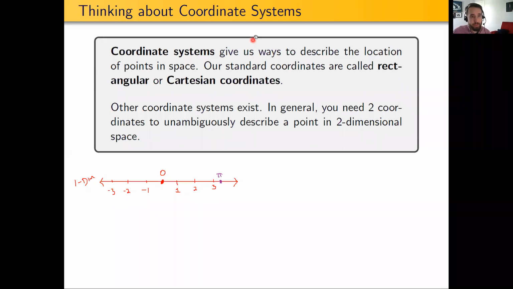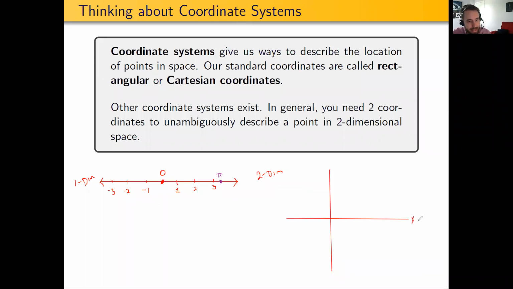For two-dimensional space, we'll need two coordinates, right? And the way that we typically envision two-dimensional space, so here's two-dimensional space, is by creating two different one-dimensional number lines, so two different real number lines that meet at 90 degree angles, so they're perpendicular to each other, and we call those the axes.